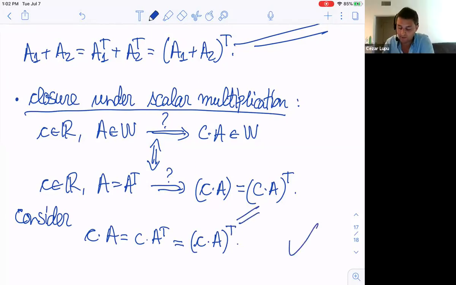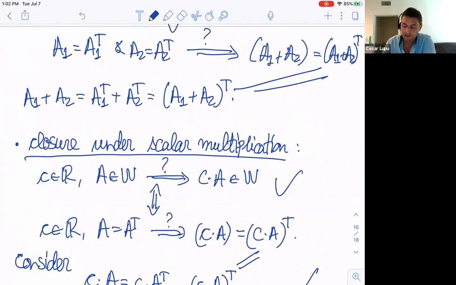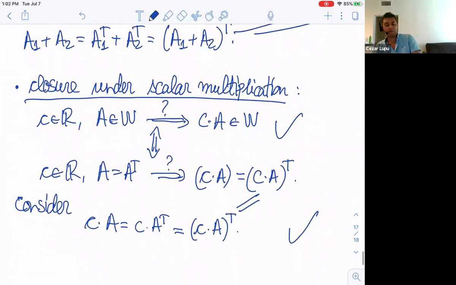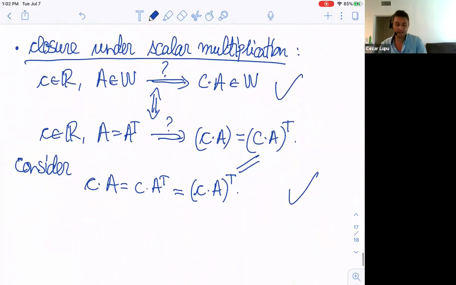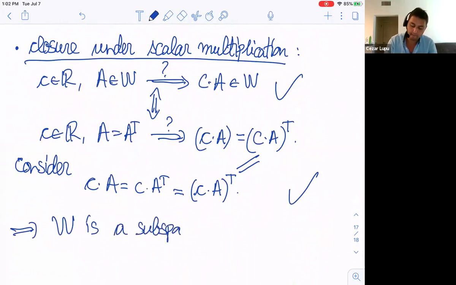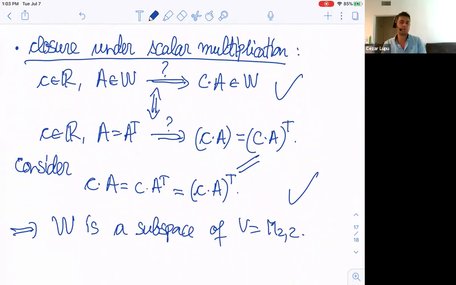So this property is verified as well. By applying the subspace theorem, the test for a subspace, it follows that W is a subspace of V, where V is the set M2 of all 2 by 2 real matrices. So that's what you need to check.